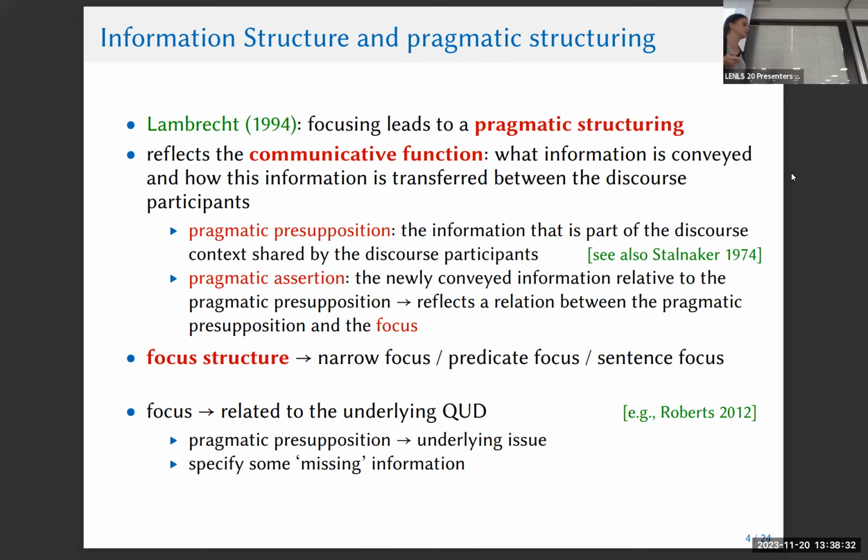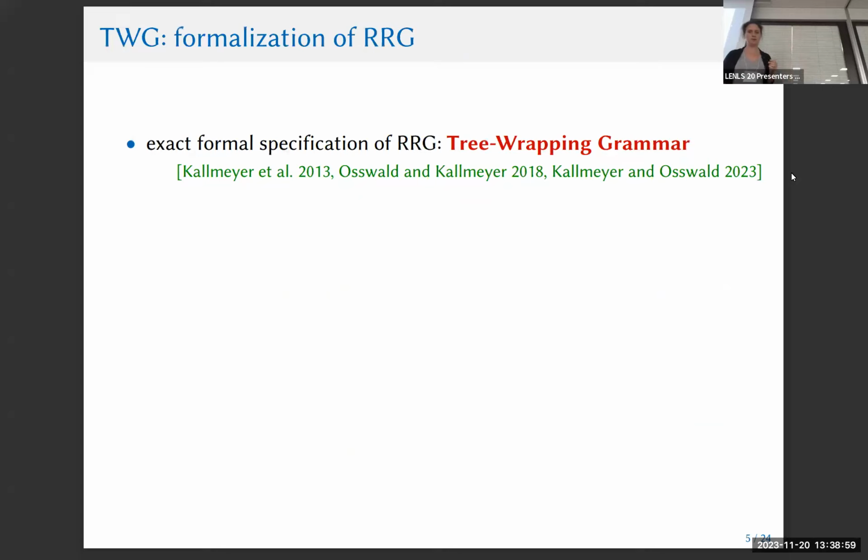So as opposed to Krifka, I do think that at least for the focus structure, we need QUDs, and they are there. And also, this pragmatic presupposition is not just things that are already known, but also some missing information. It's what Lambrecht and others call open propositions. I would like to think about them as missing information.